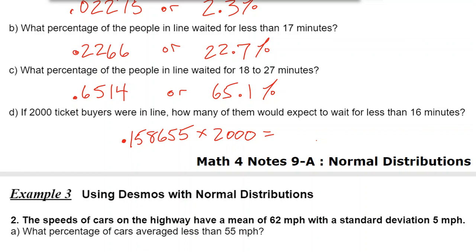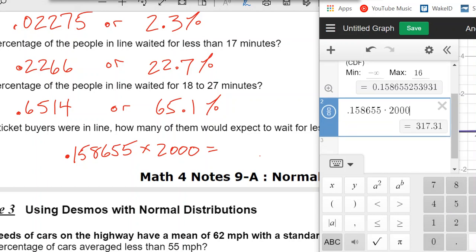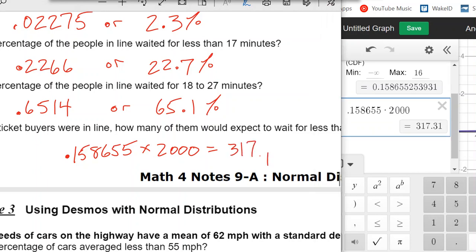Actually, this is the perfect time to say 0.15865 times 2,000. And that gives me 317.31. So I would say about 317 people can expect to wait less than 16 minutes.